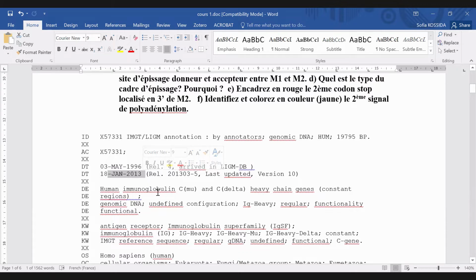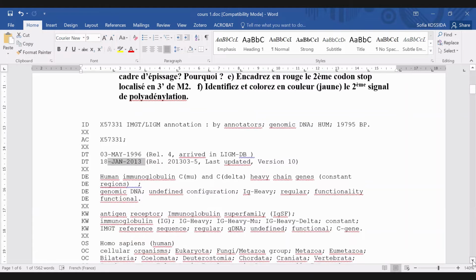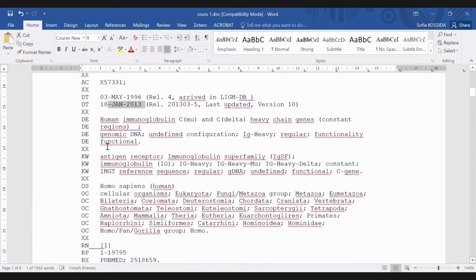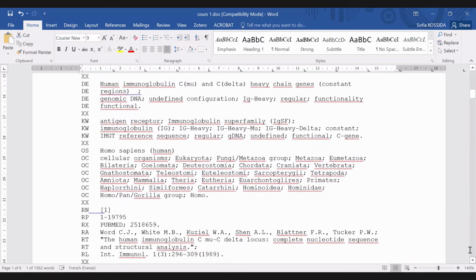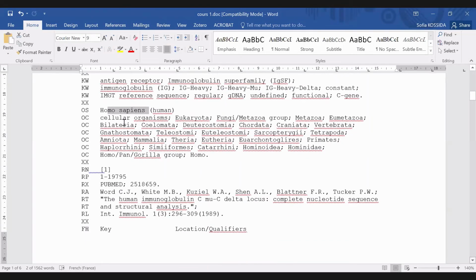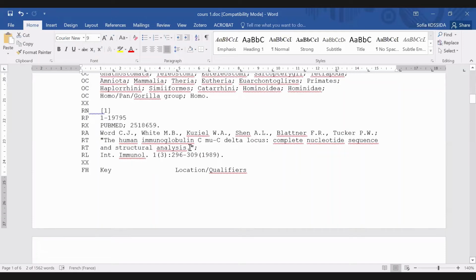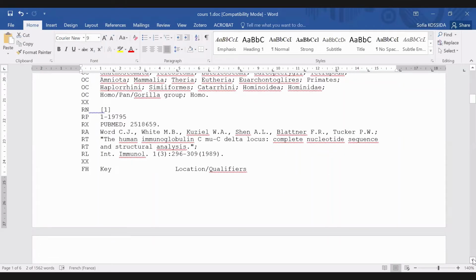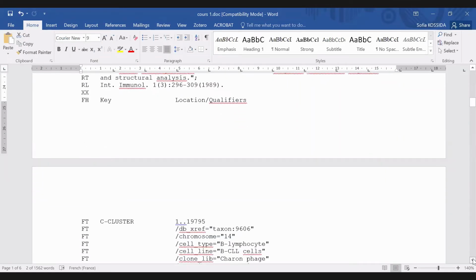It's a human immunoglobulin C constant, and there is the mu and delta heavy chain genes. It's a genomic sequence. It gives you some extra information. It's from which species? It's from Homo sapiens. It gives you some different references from PubMed, where this sequence was retrieved and described.